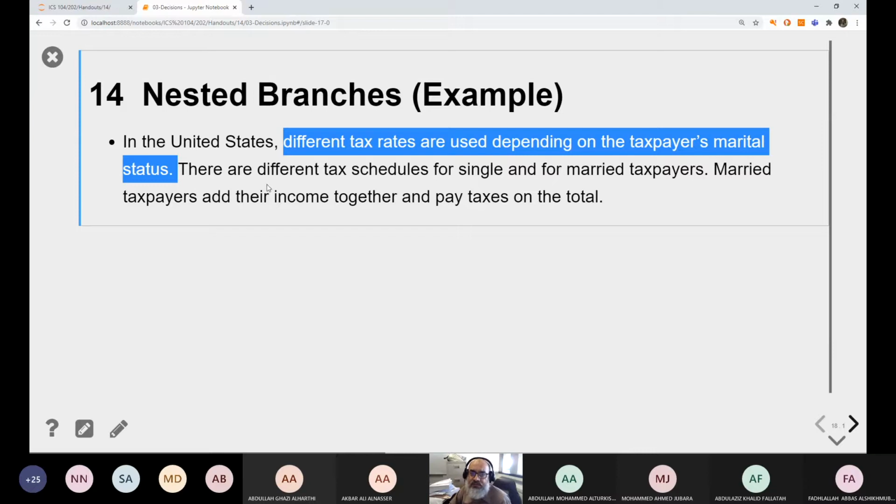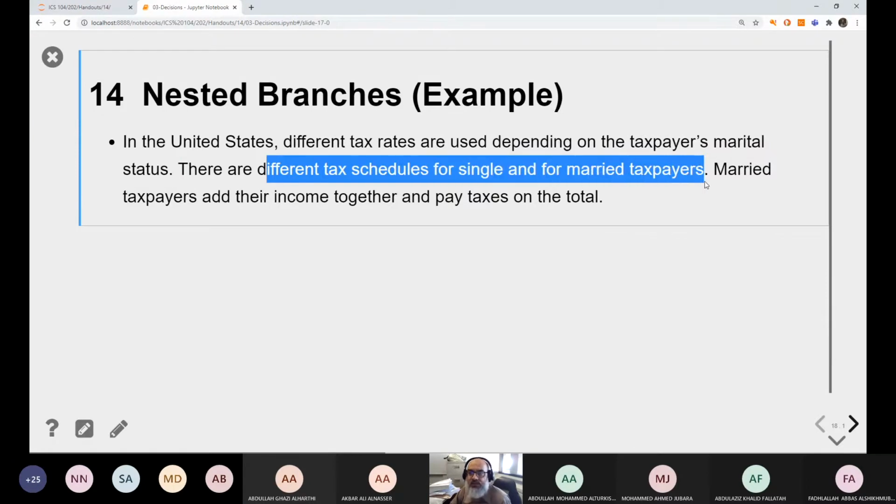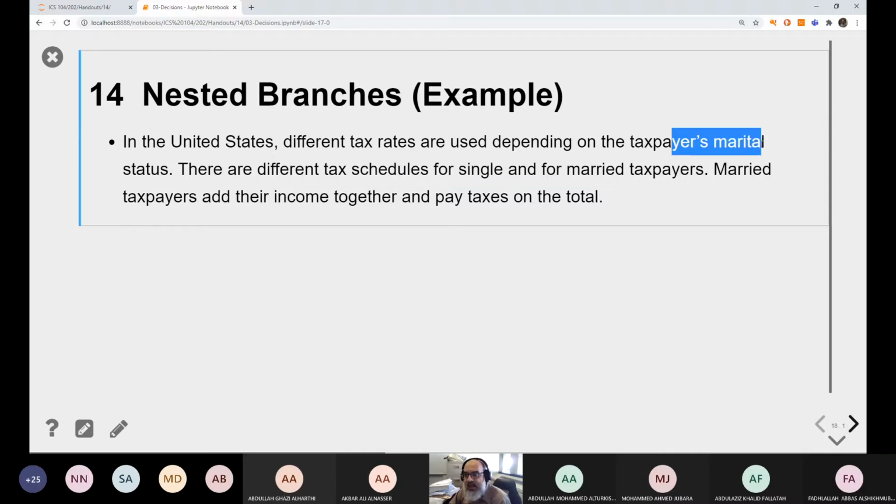Now, there are different tax schedules for single and for married taxpayers. So there are actually two levels. The first one depends on the taxpayer's marital status. If you are single, you will pay a certain amount. If you are married, you will pay a different amount.